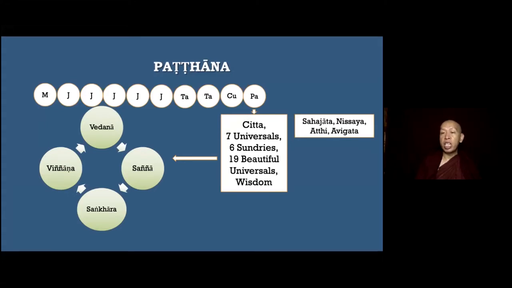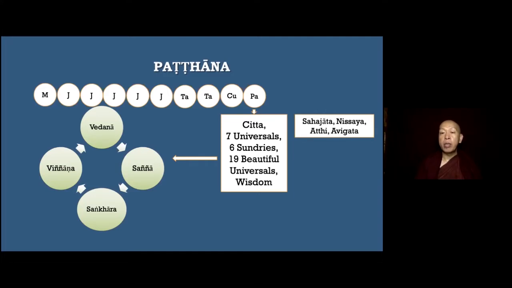Saha means together, jata means arise, or happen, or exist. Reborn, we can also say like that. Anyway, Sahajata means arising together. Then Nissaya, dependent. They are interdependent. One depends on three, three depends on one, two depends on two, and the other two also depend on the previous two.